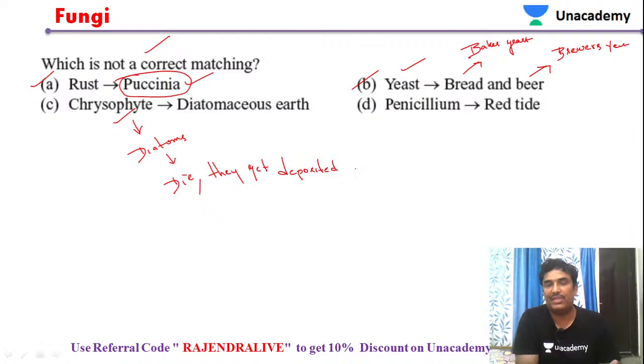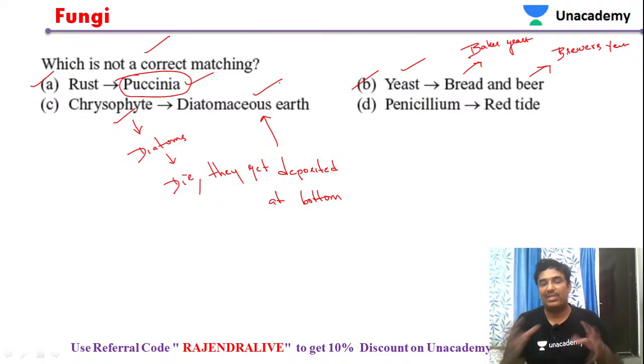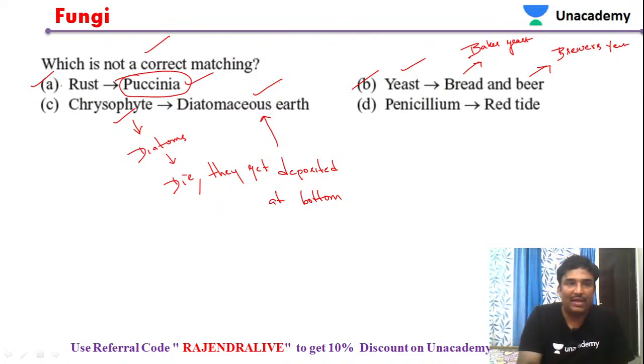The material deposited at the bottom of the ocean is called diatomaceous earth. So diatomaceous earth is also produced by chrysophytes. So statement C is also a correct statement.